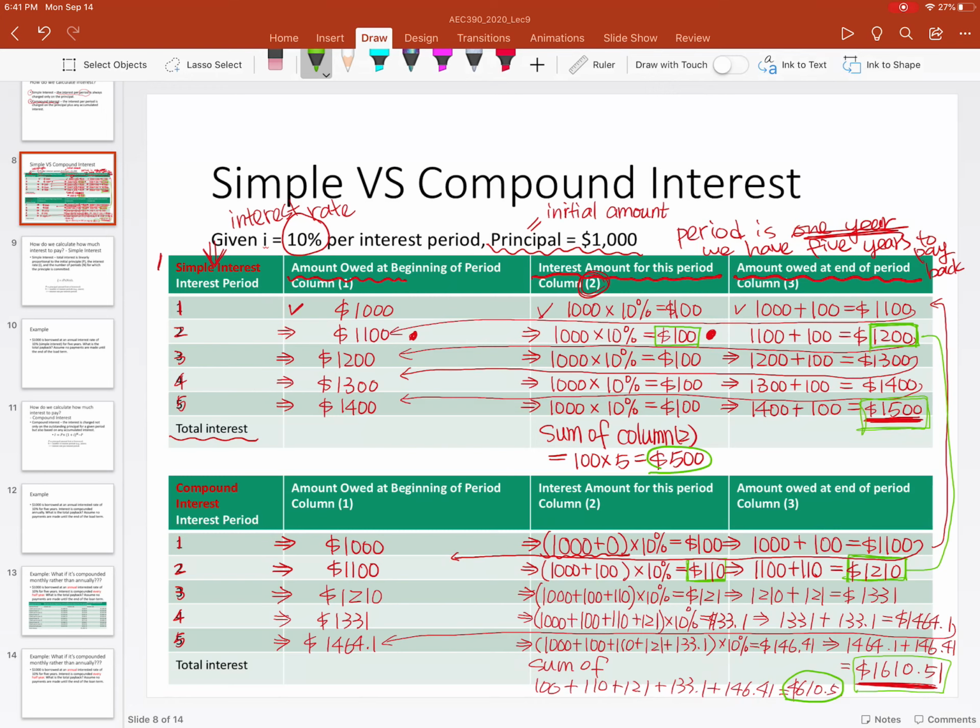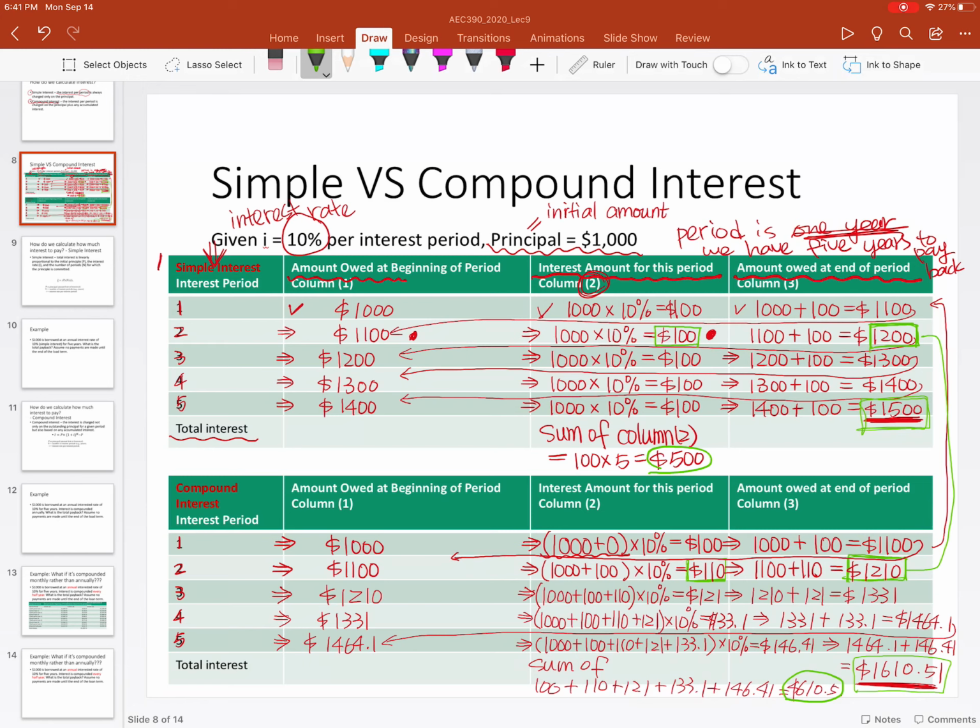And well, you may ask, this table and this process is very long, and the goal of doing this is to help you understand how we can have this difference between these two different interest concepts, where it happens.